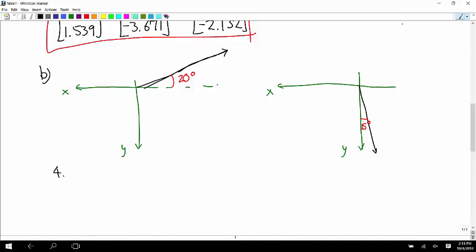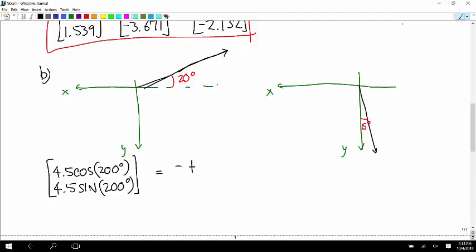So we have 4.5 times cosine of 200, 4.5 times the sine of 200, and that gives negative 4.229, negative 1.539.